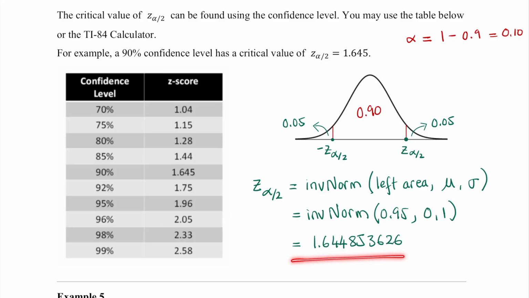This is what the calculator gives us. If we round it to 3 decimal places to match with the table, then we also get 1.645. So for a 90% confidence level, the critical value z of alpha half equals 1.645.